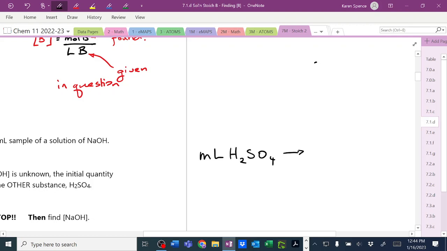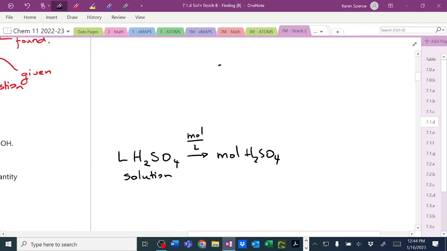We're going to convert to moles of H2SO4. What do we use to convert between liters of solution and moles? Concentration, so that's going to be our moles per liter. So we will use that.